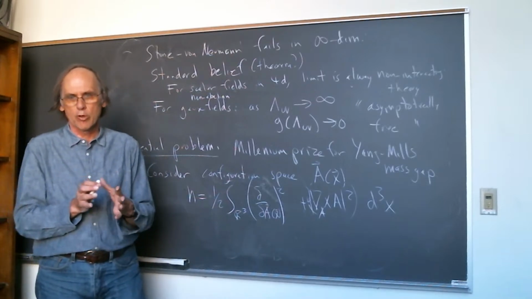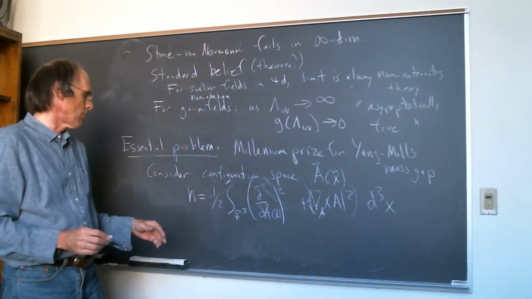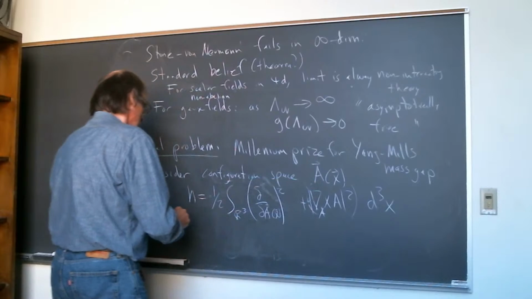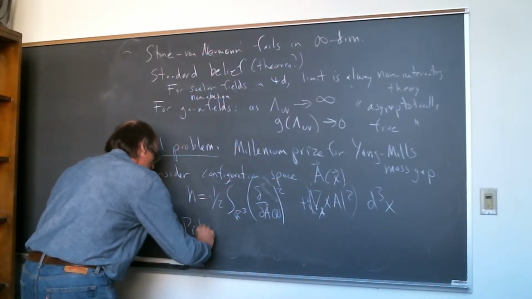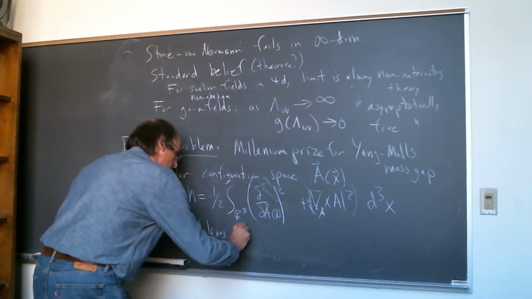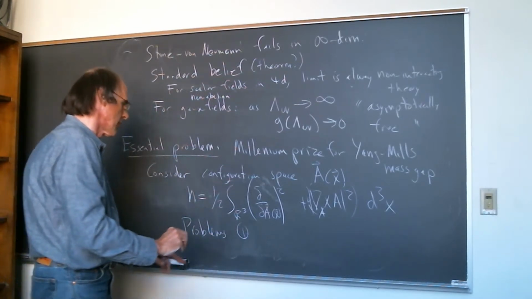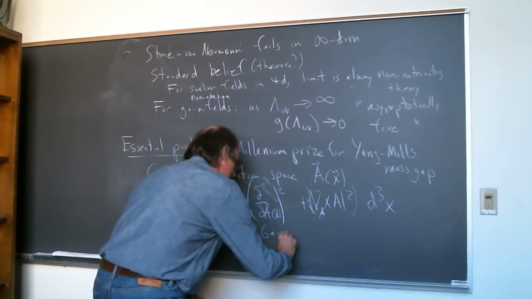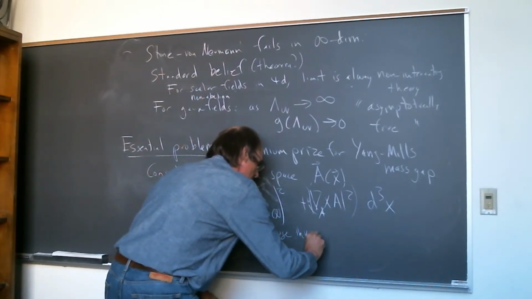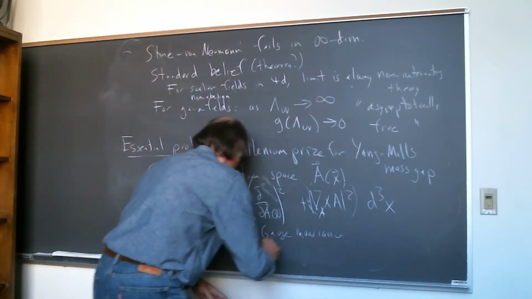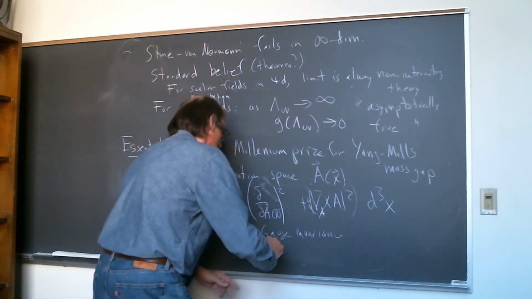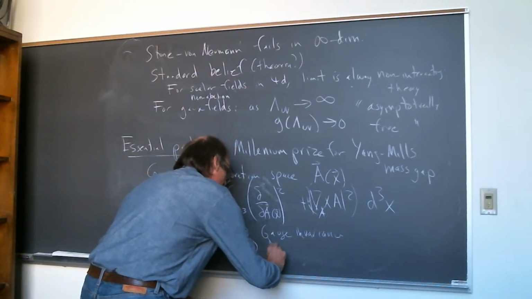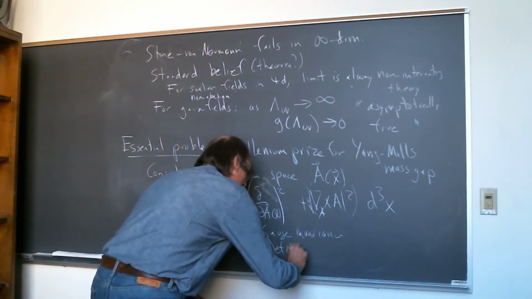So there are two problems. One, you have to deal with gauge invariance, and two, you have to define the theory as a limit.